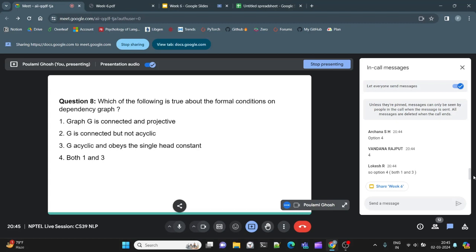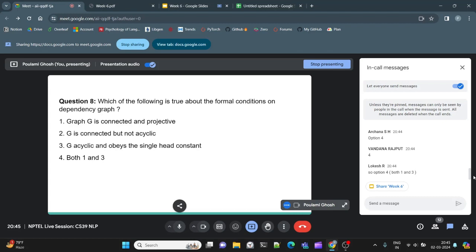The graph G is connected and projective. There is no isolated vertex visible in this. Navigation from one to the other is possible, and so it is projective. And acyclic, there are no cyclic self edges. A to B and B to A is not possible.